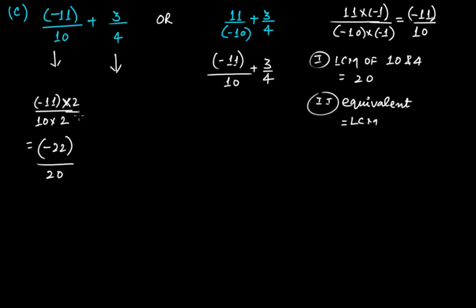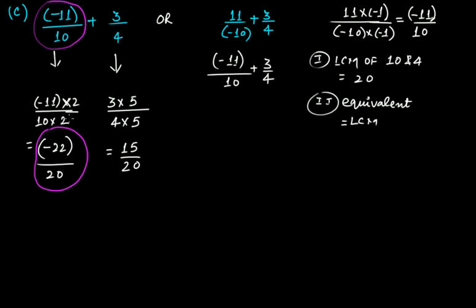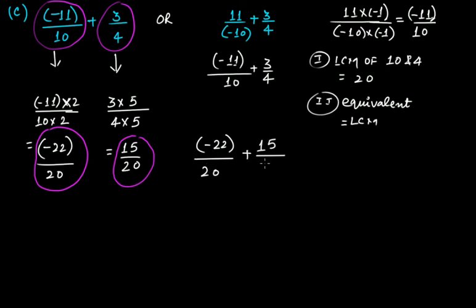And here, in this case, this is 3 over 4. So what number should we multiply 4 with such that the denominator comes 20, clearly with 5. So you have to multiply the numerator also with 5. And you get 15 over 20, right? This is an equivalent rational number of this rational number having the denominator as 20. And this is the equivalent rational number of this one having the denominator 20, right? So now you have to add these two, that is minus 22 over 20 plus 15 over 20.